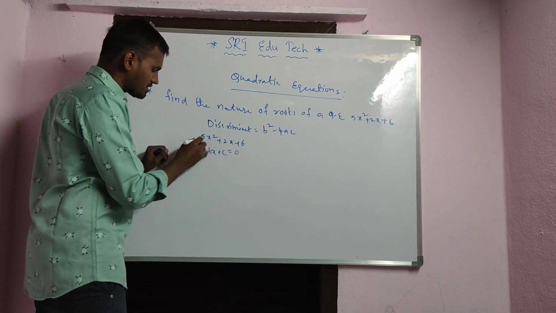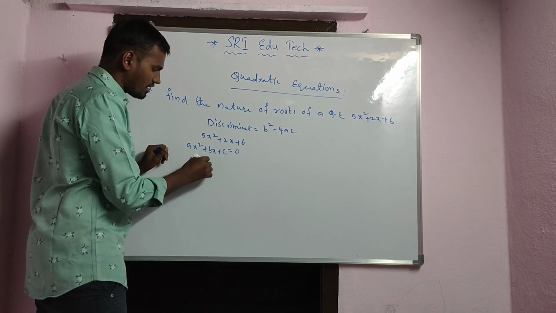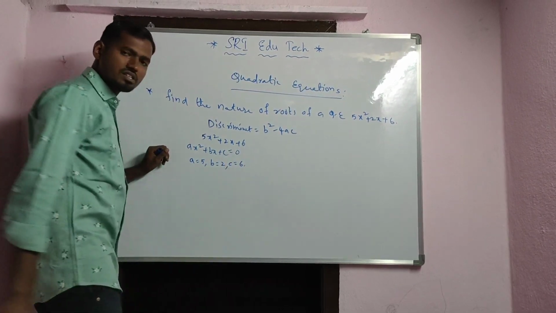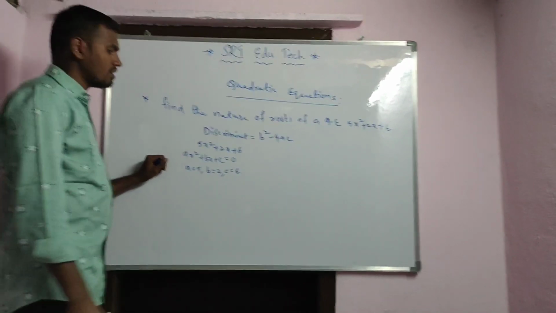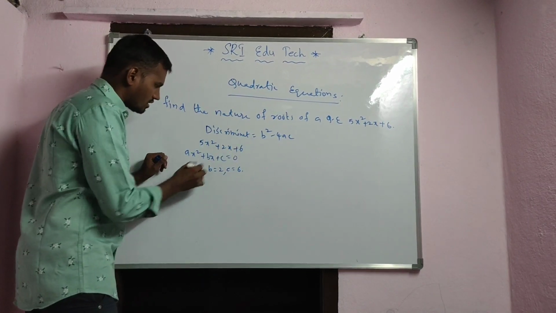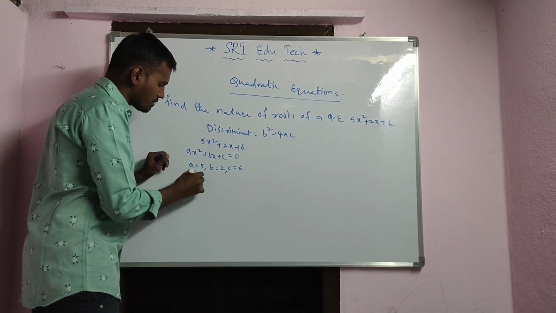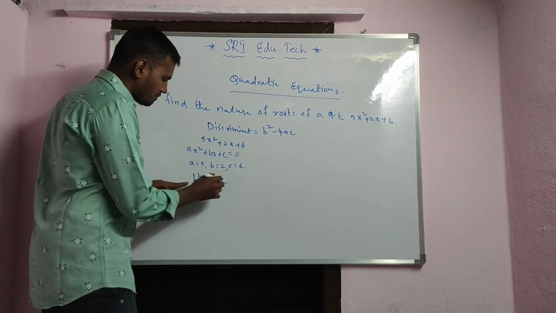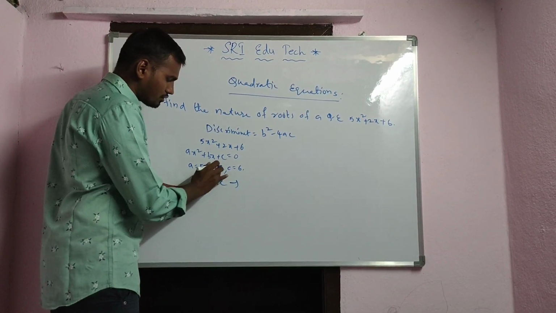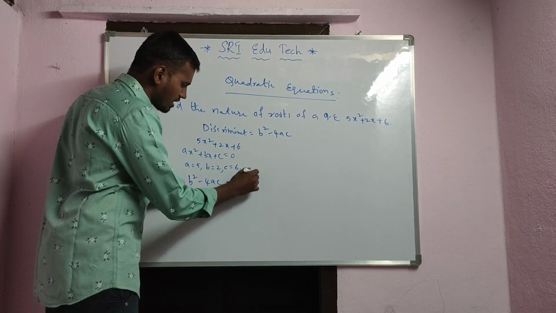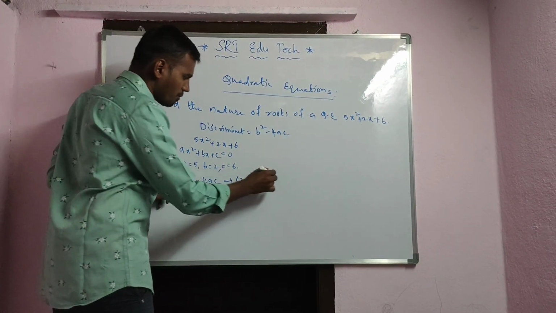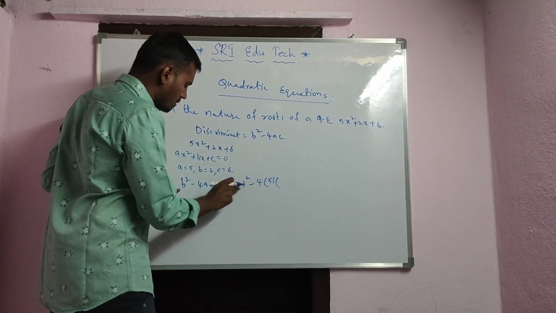Then from this a is equal to 5 and b is equal to 2, then c is equal to 6. Right? So now substitute in this b square minus 4ac. Okay? See, what is b? 2. Then b square means 2 square minus 4 into a means 5 into c means 6.